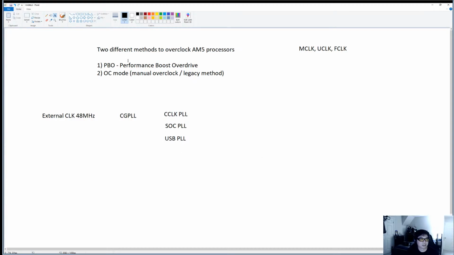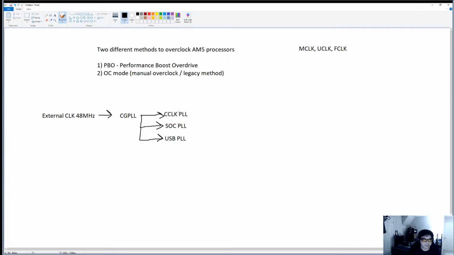But what this is illustrating here is that you essentially have the clock to the clock generator PLL, and then that is going to supply various different clocks to these other entities.